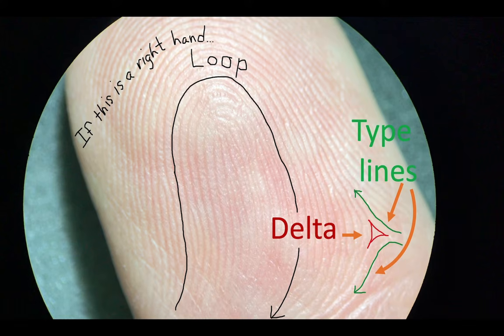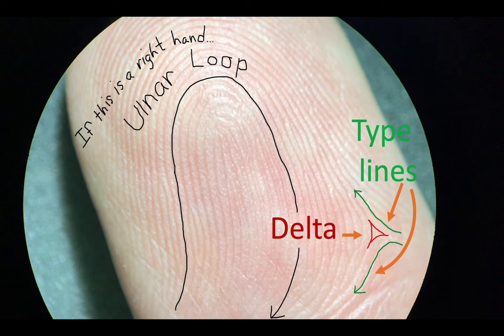Since this finger is from the right hand, and these two lines are pointing, where are they pointing to? Are they pointing to the ulna, to the ulnar bone, or to the radius? Well, they're going to your midsection, they're going to the ulna, they're going to your pinky.